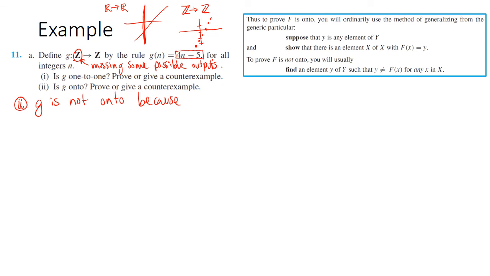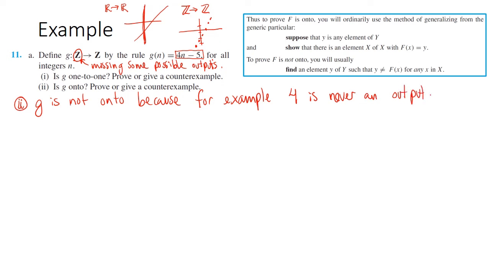So, for example, things that are divisible by 4 would never be able to be written that way, because you can't write something that's divisible by 4 as 4n minus 5. That minus 5 part would take you off of being a multiple of 4. Okay, so just for example, 4 is never an output.